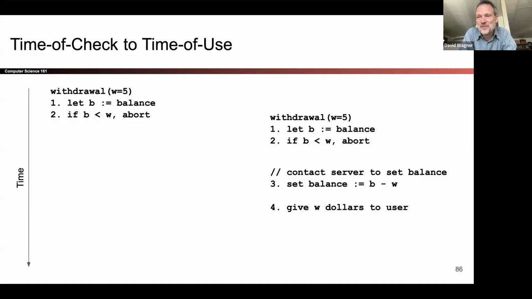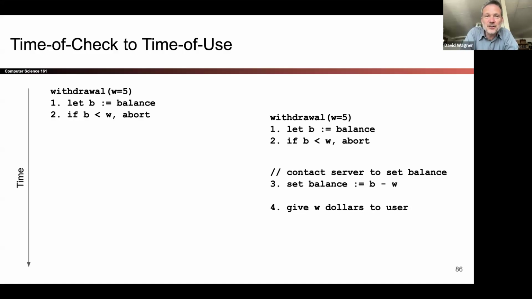That other ATM queries the central account, checks, and finds that yes, there's enough money in the account to withdraw $5. Then the pseudocode will execute to tell the central server to update your bank account balance to 0, which is 5 minus the amount you're withdrawing. And then give $5 to your friend.